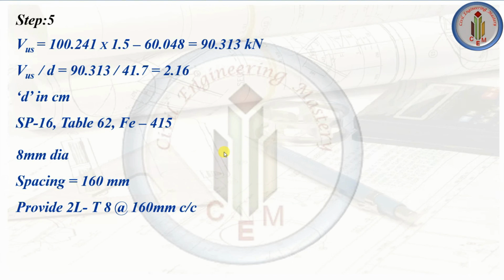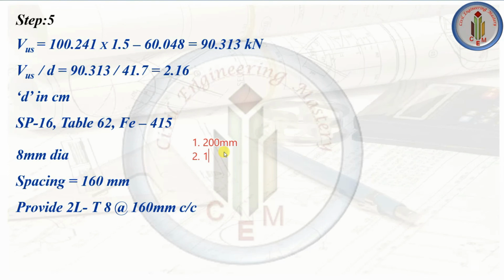We have a few checks for stirrup spacing. As per IS 456-2000, the stirrup spacing we provide should not exceed the least of these three values. The first is the least lateral dimension of the member, that is 200 mm, the width of the beam.